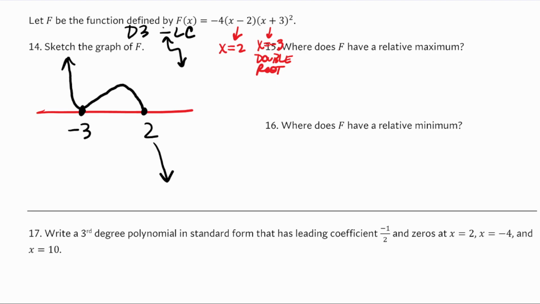Well, specifically, and this is something I didn't really talk about a whole lot in my sections in the lesson, maybe if at all, but a relative maximum, I'm talking about this point right here, little top of the hill spot. And we can't say precisely where that is. We would need to know how to do calculus to do that. We're only algebra students. So we would say somewhere between -3 and 2.